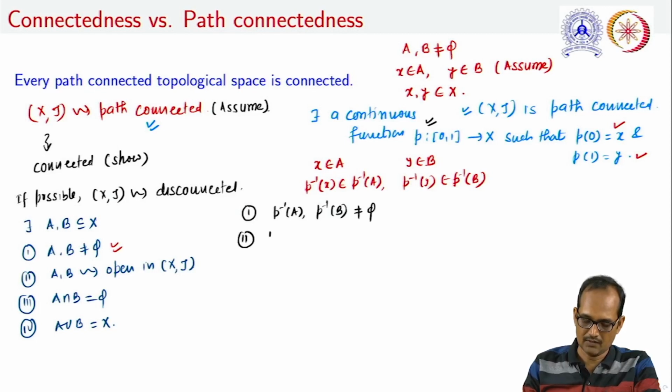Second, p inverse A and p inverse B are open in this subspace, the closed interval [0,1].